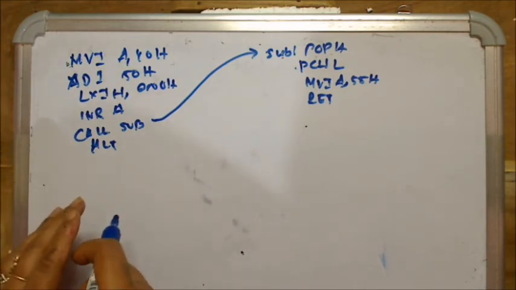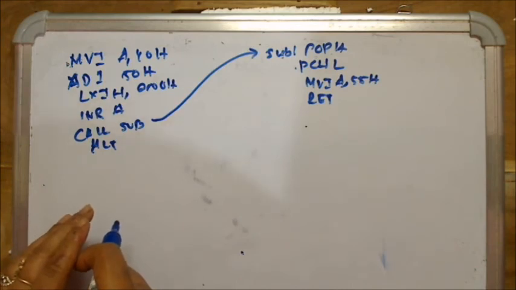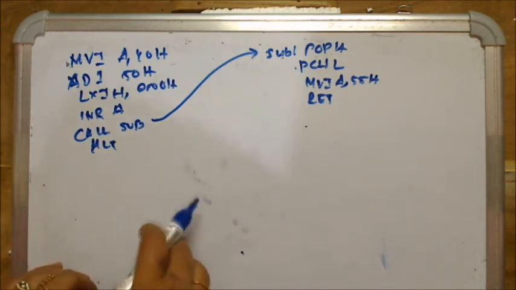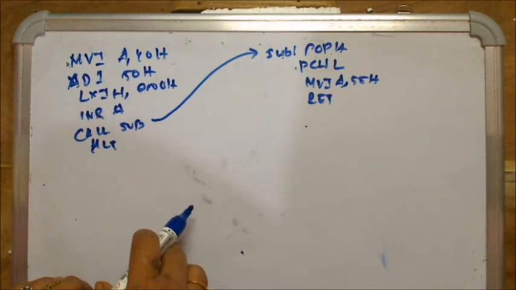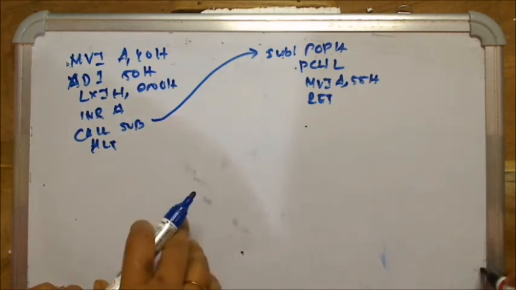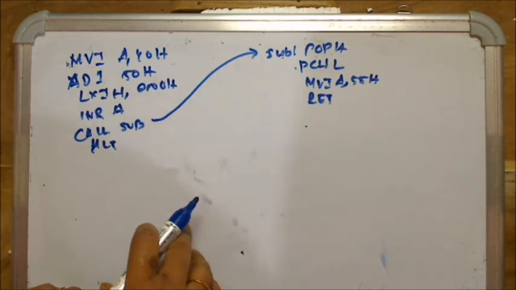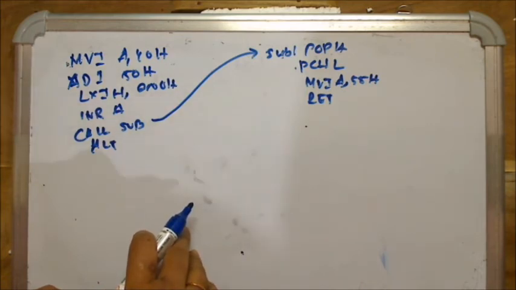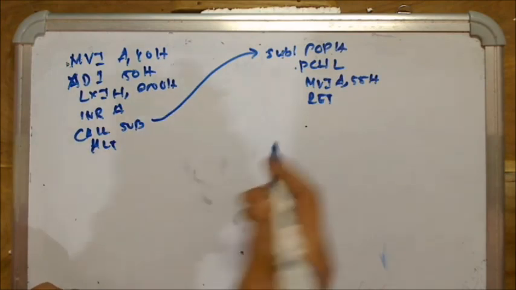Whenever you use call, remember there is a push. Push means the return address is pushed into the stack. It means it is popping the return address into the HL pair, right?